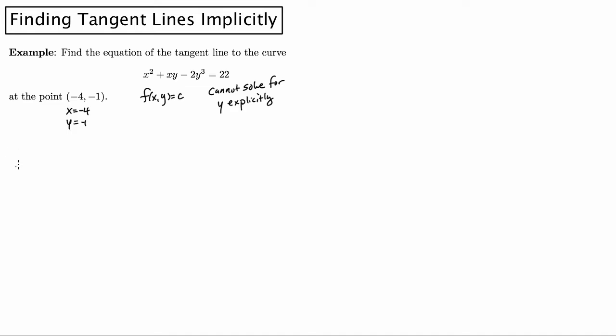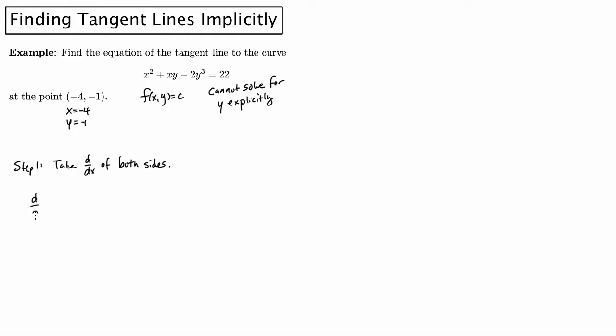So remember, step 1 is to take the derivative of both sides. Because this is an implicitly defined curve, there's an equation here, so both sides of the equation.